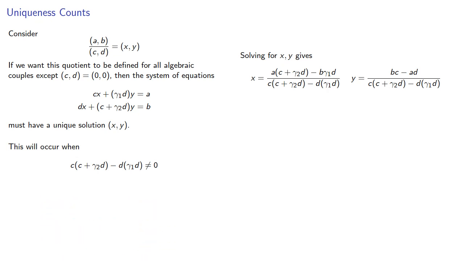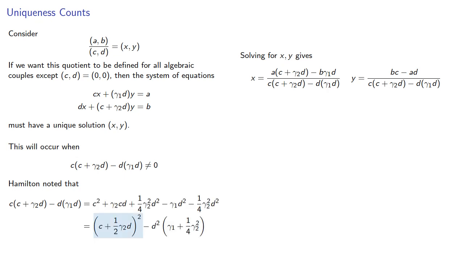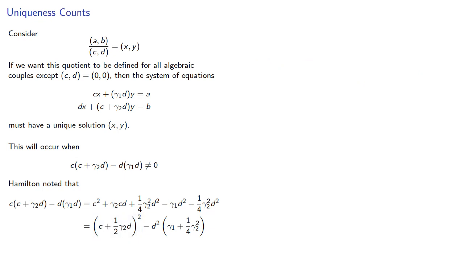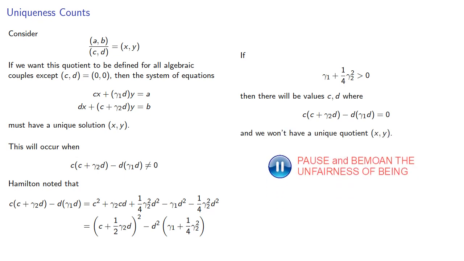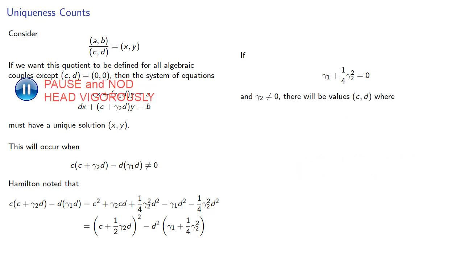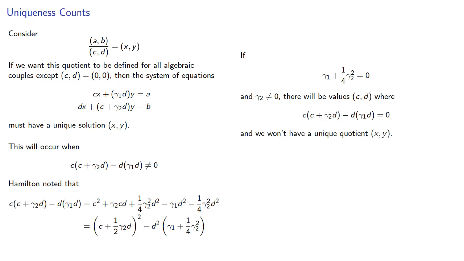So with a little bit of algebra, Hamilton noted that this expression could be rewritten as, which is to say, a square minus something else. Now, if this gamma 1 plus 1/4 gamma 2 squared is positive, then there will be values c and d that will make this equal to 0, and we won't have a unique quotient. If this is equal to 0 and gamma 2 isn't 0, we have the same problem.